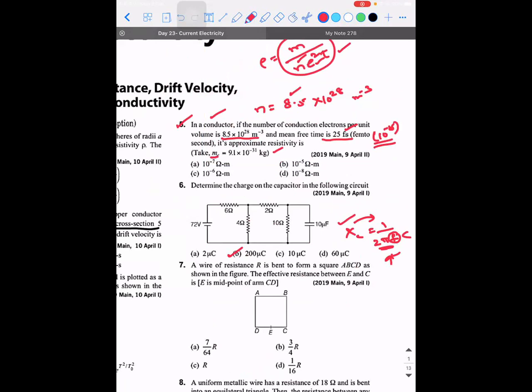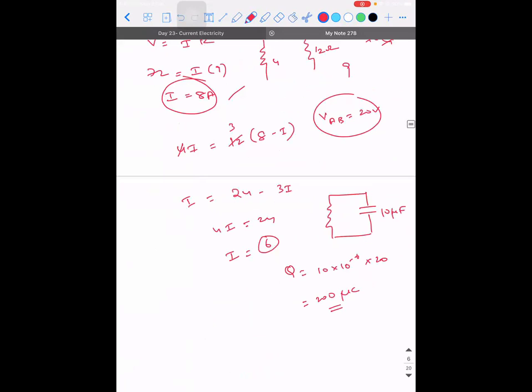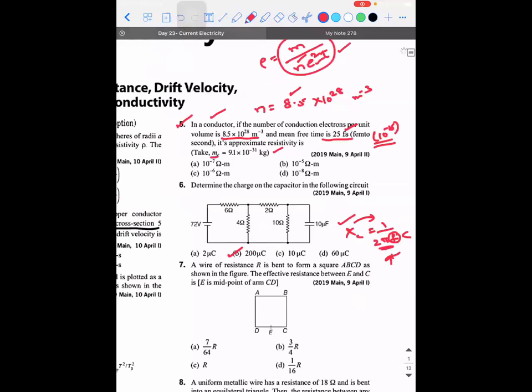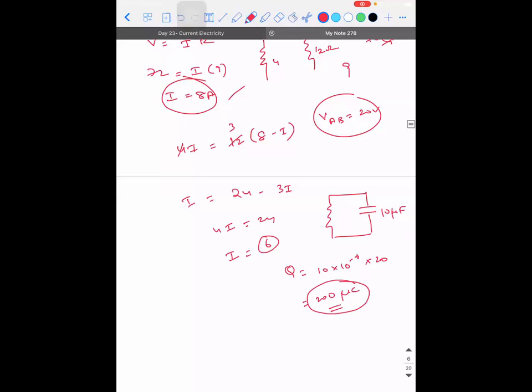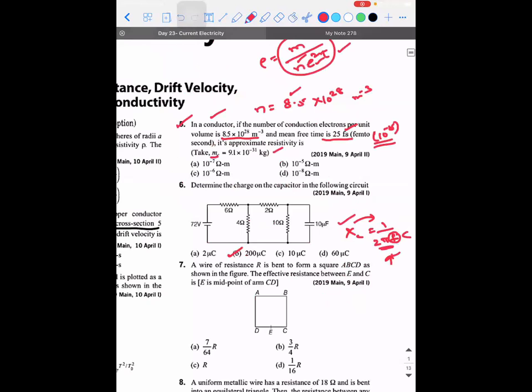Guys, going forward, can you do problems based on this? Yes, sir. Can you do problems based on this? 200 microcoulomb, yeah, that's good. Shall I move on to the next one or do you want to copy this? I copied.